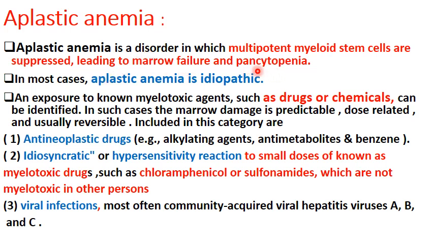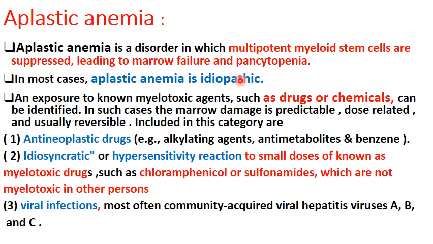What is the meaning of pancytopenia? Pancytopenia is when there is anemia, leukopenia, and thrombocytopenia: reduced red blood cells, reduced white blood cells (leukopenia), and reduced platelet count (thrombocytopenia).